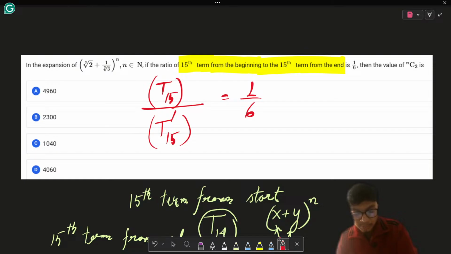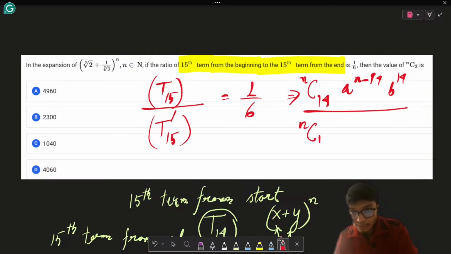So if I apply the expansion, we'll have nC14, a to the power n minus 14 and b to the power 14, divided by nC14, a to the power 14 and b to the power n minus 14, and that is given as 1 upon 6.